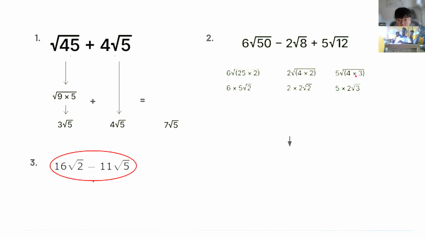And then 12 is 4 times 3. So taking the square root and taking out 25, this becomes 6 times 5 square root of 2. This becomes 2 times square root of 2. This becomes 5 times 2 square root of 3, because square root of 4 is 2, right? And let's add all of these together.